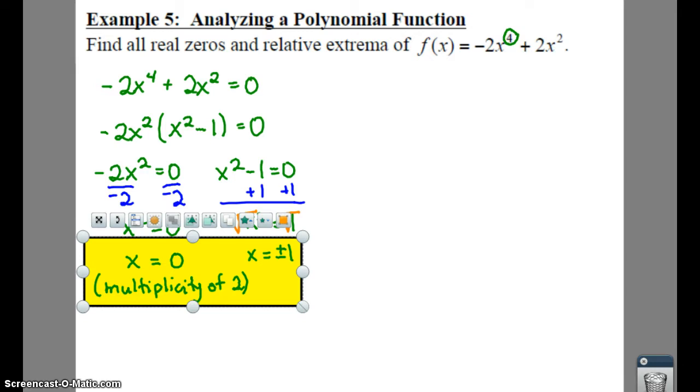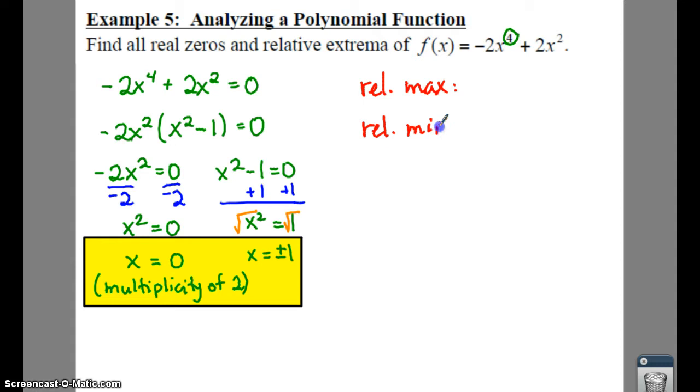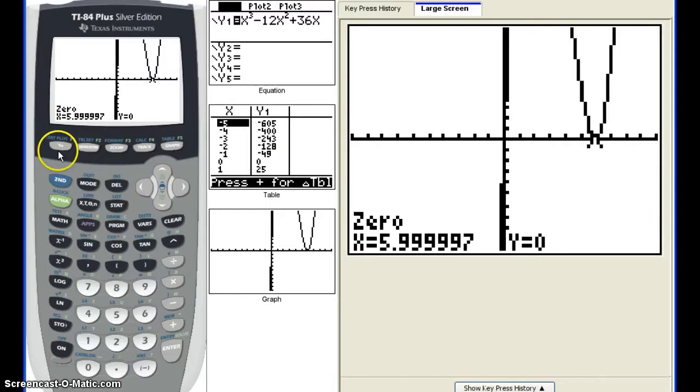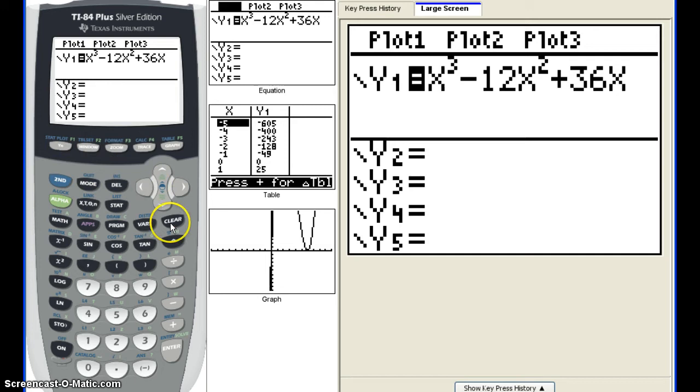There we go. Now, in order to find your relative extrema, which means you need to find a relative max and a relative min, you need to use your calc menu on your calculator. So we're going to go to our calculator and type in our function. We go to y equals and clear this.